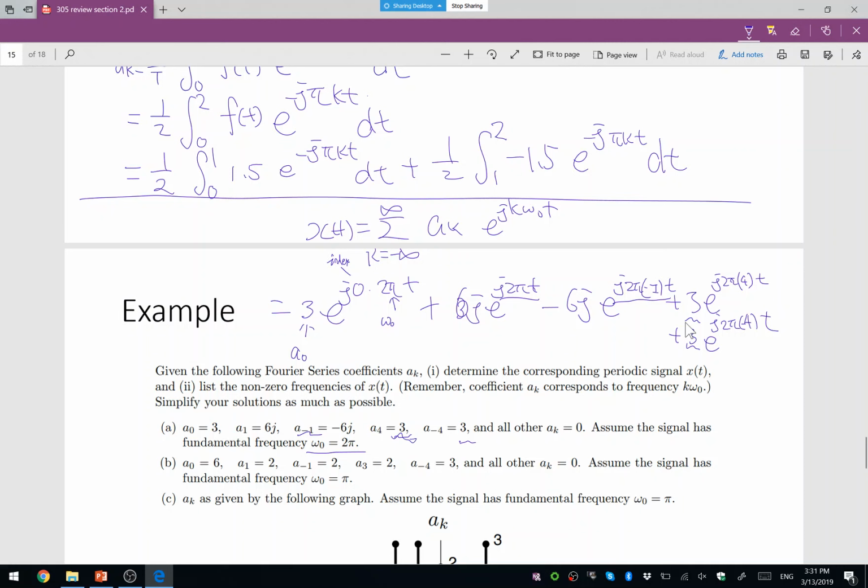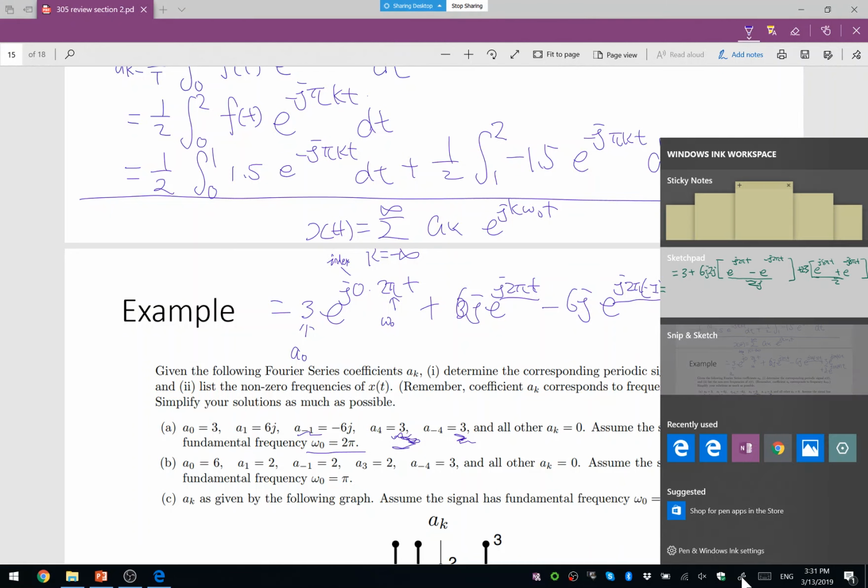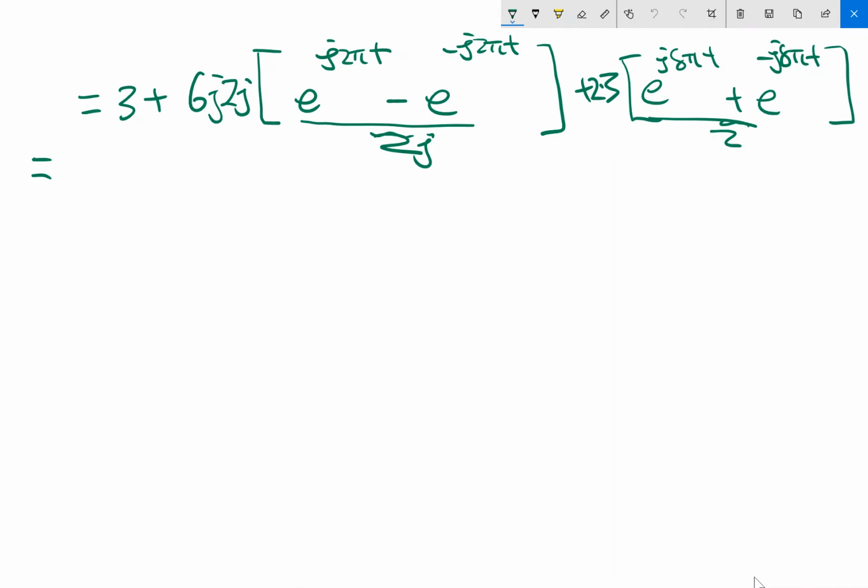These are the 3s. Can you see my cursor? Yes. Yeah, this 3 and this 3. And then I take the 3s out. Okay, then we can continue.